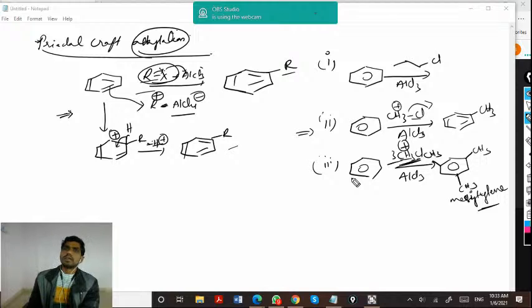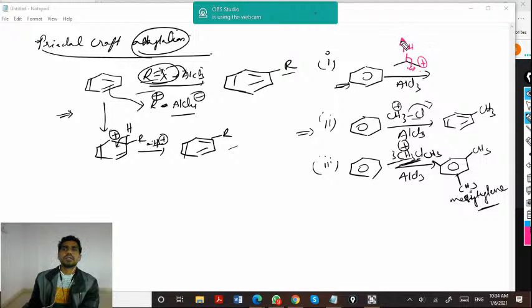So when this is the case, it is also going to generate the carbocation. So this will be the carbocation. But is it going to be more stable? Not at all, because this is a primary carbocation, it will not be stable.